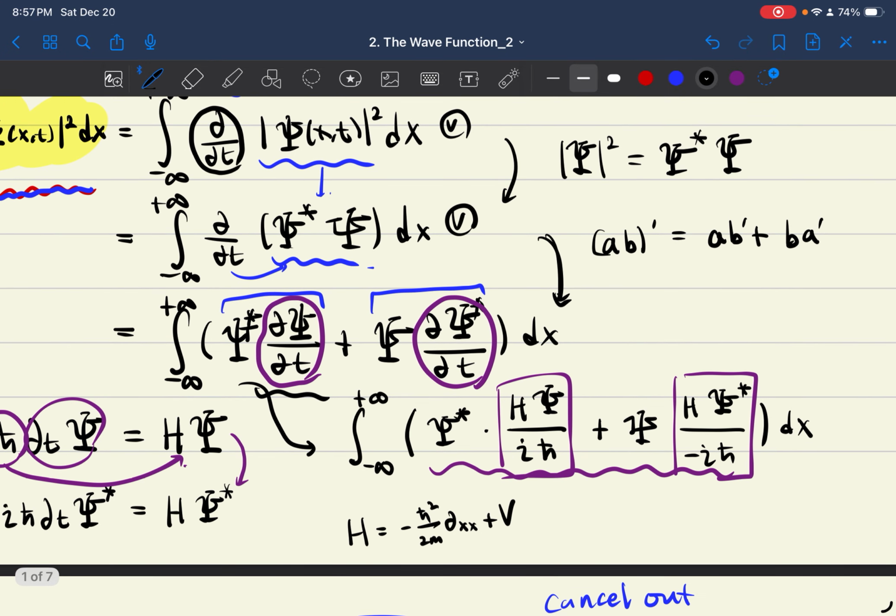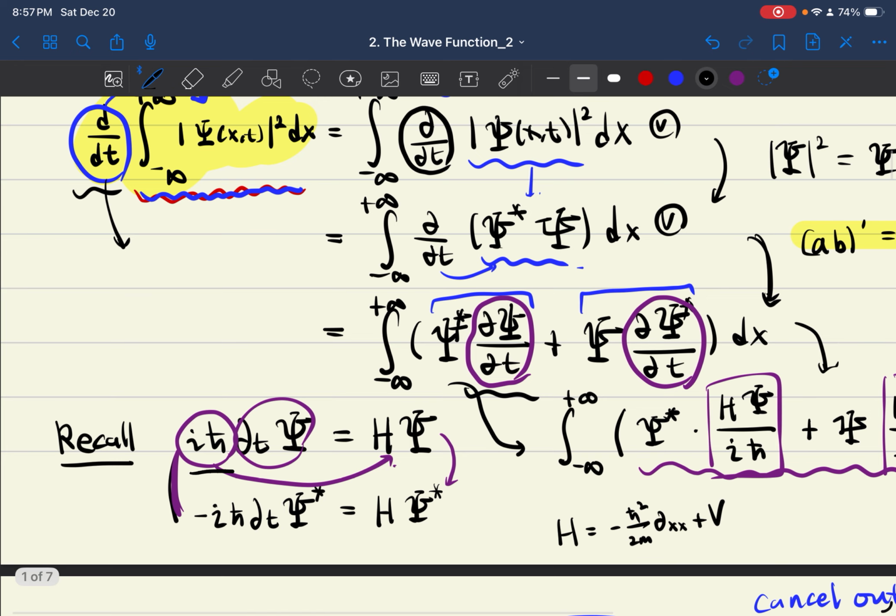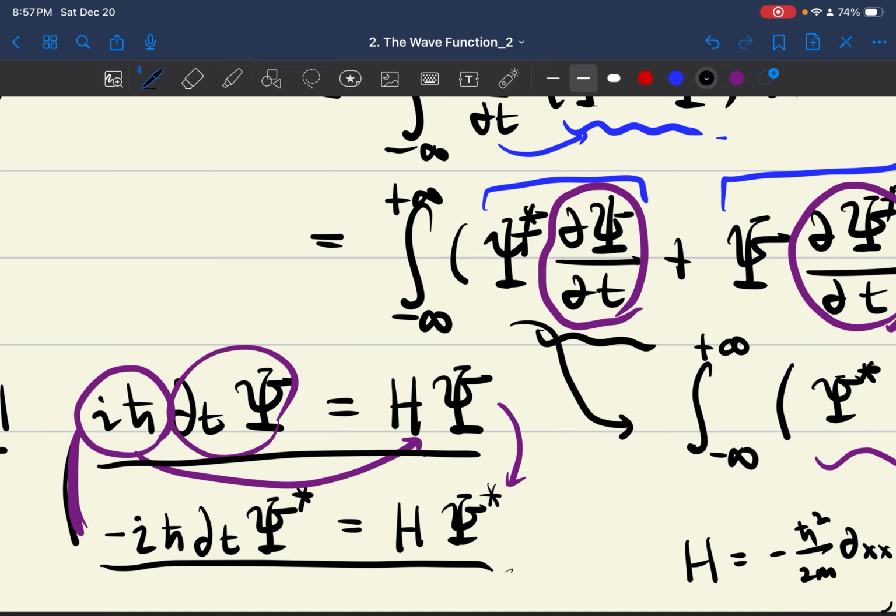Here, in this step, I used this. And then in the next step, I recall the Schrödinger equation. Here, iħ ∂ψ/∂t equals Hψ, and minus iħ ∂ψ*/∂t equals Hψ*, the conjugate.